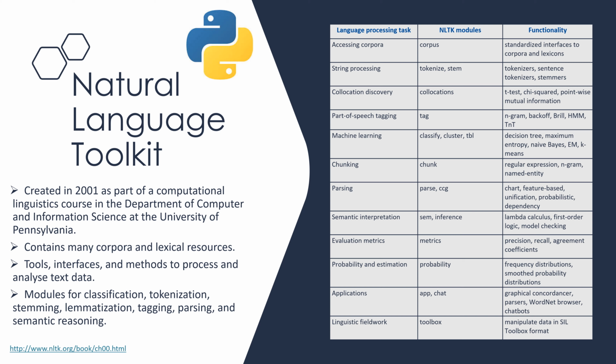On the right side of the screen, you see a list of natural language toolkit modules and their associated functionalities. As we go through the course, we will take a look at each of these and learn more about the same.